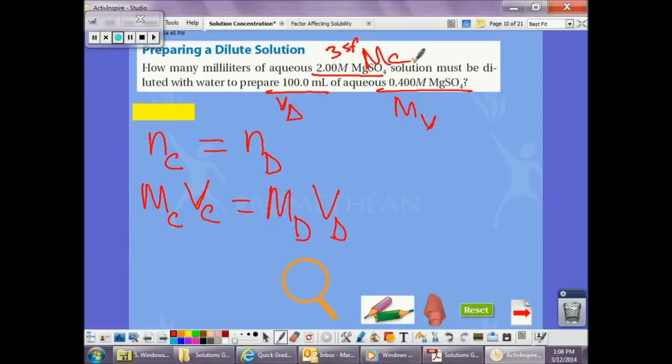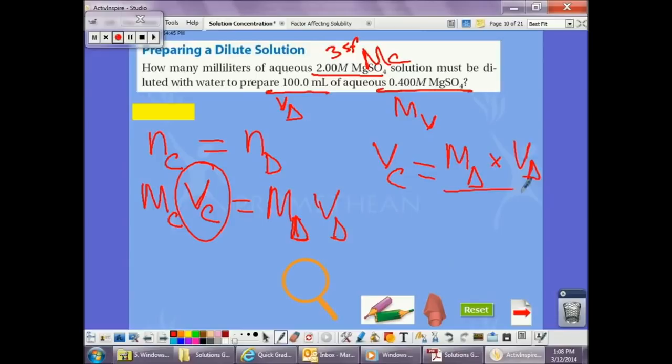And what am I solving for? Milliliters. V concentrated equals M diluted times V diluted over M concentrated.